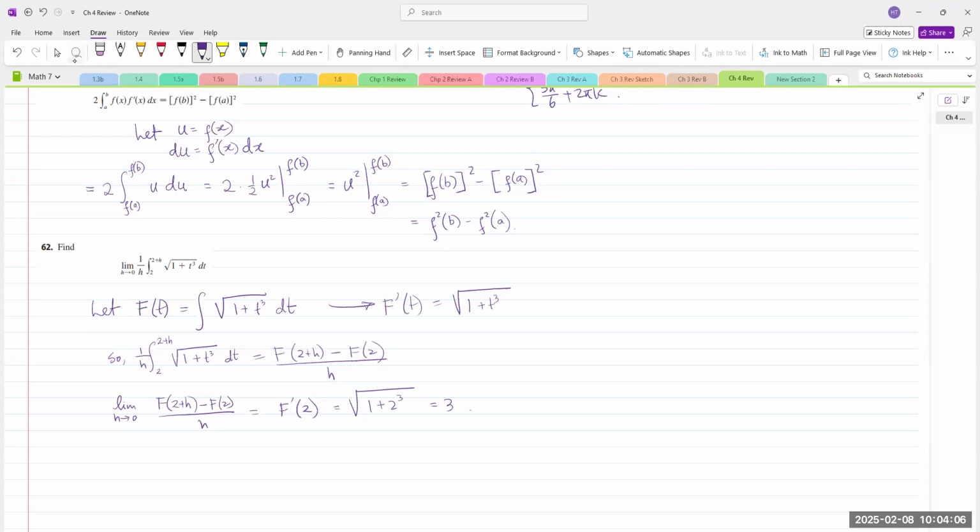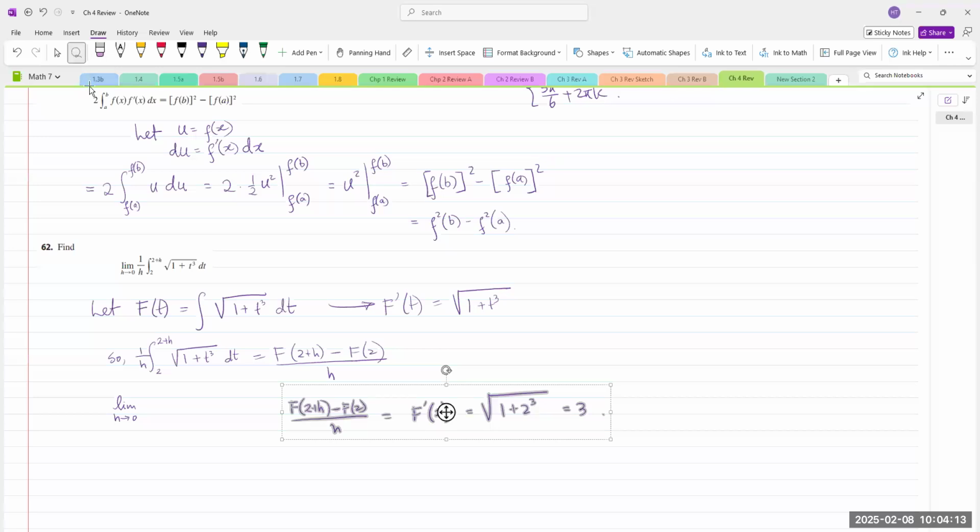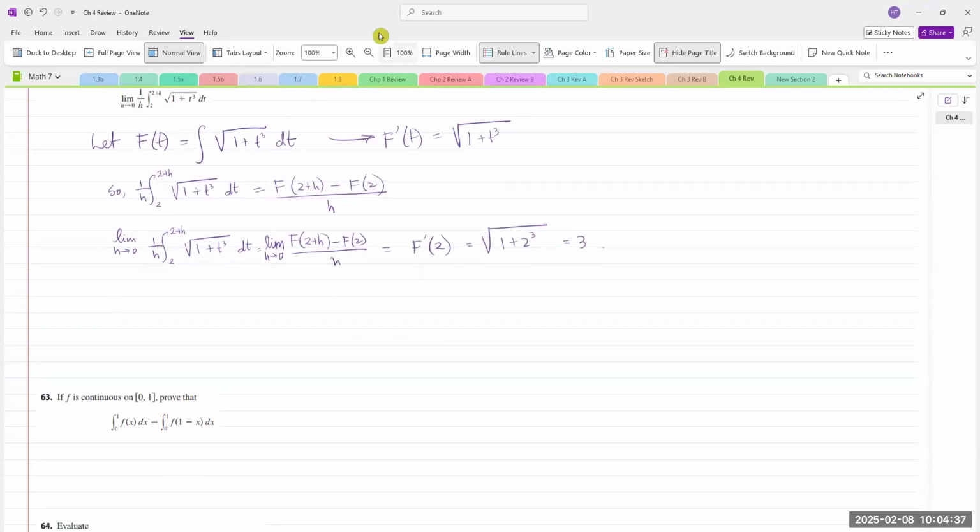Just to clarify, this is under the condition of the limit. Okay, and that's for number 62.